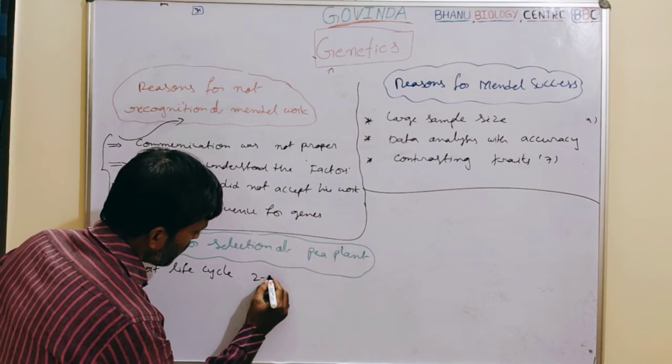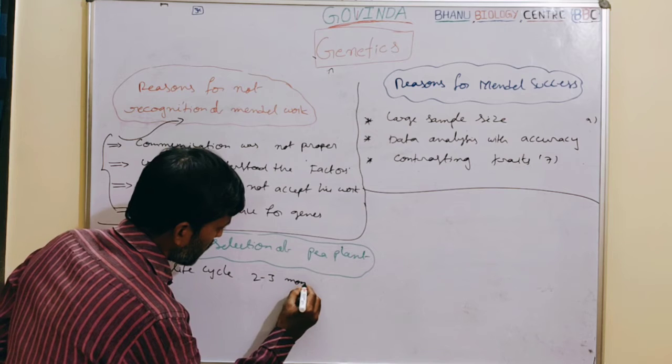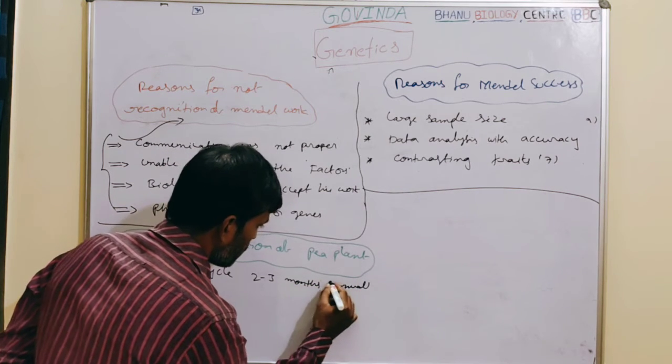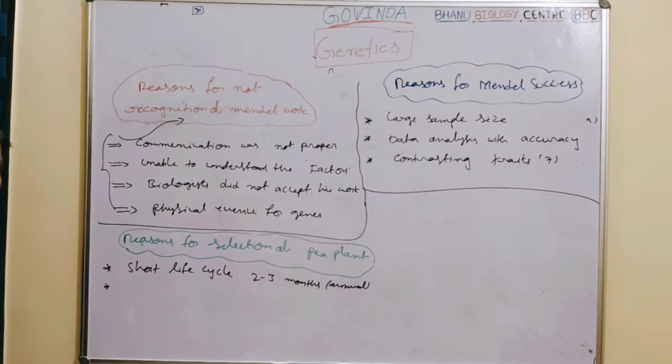It can finish its life cycle in 2 to 3 months because it is an annual plant. Annual plant. Right.